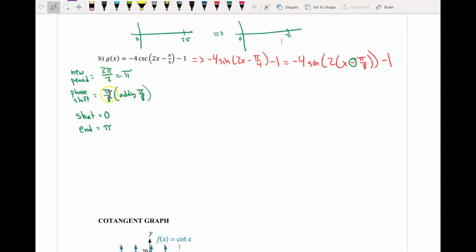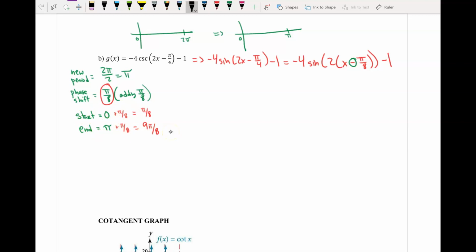And now all I got to do is shift everything pi over 8 units. So I'm going to add pi over 8. So this is going to give me pi over 8. And now I'm going to take this pi, that's going to give me, I think, 9 pi over 8. Okay, so this is where I'm going to start. This is where I'm going to end.